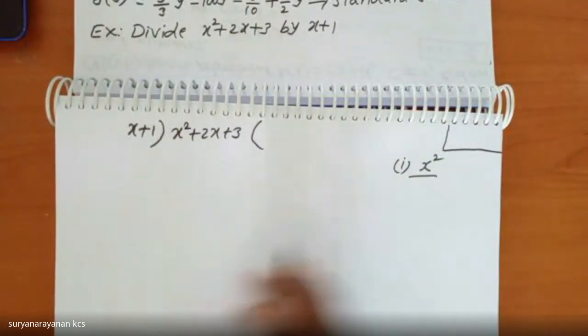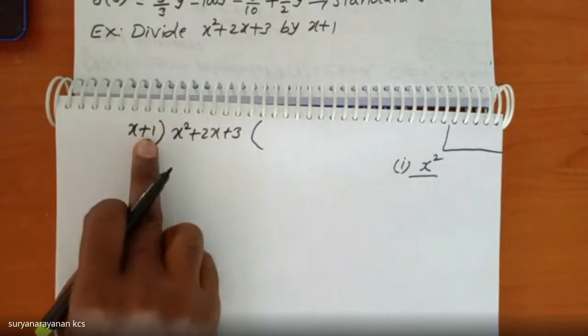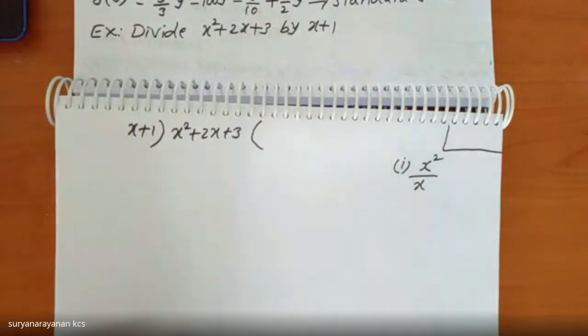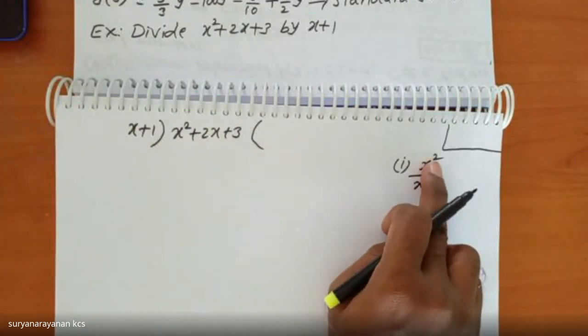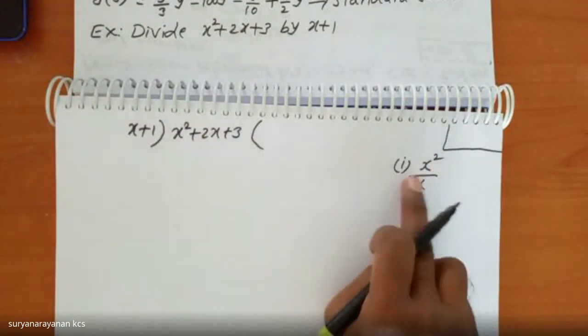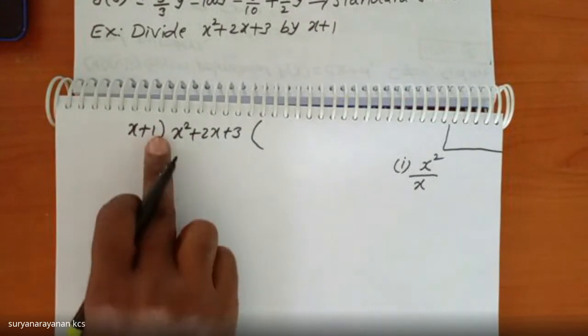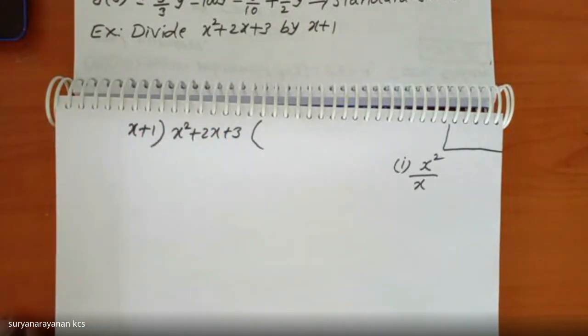Divided by, in this divisor, what is the first term? So x. Divide the first term in the dividend by the first term in the divisor. That's all. Don't consider the remaining terms in these polynomials.